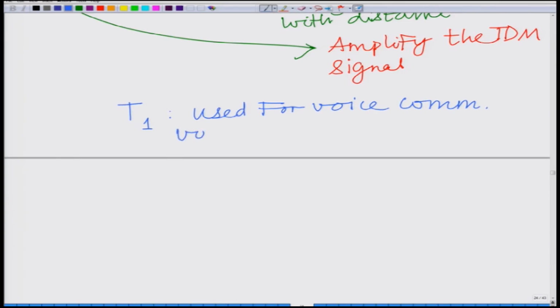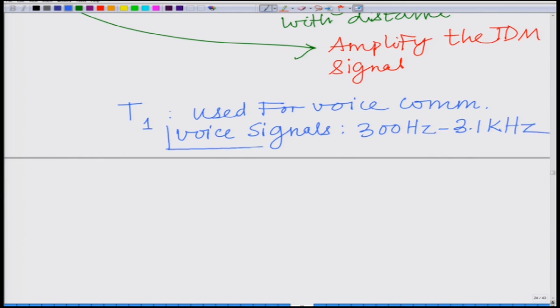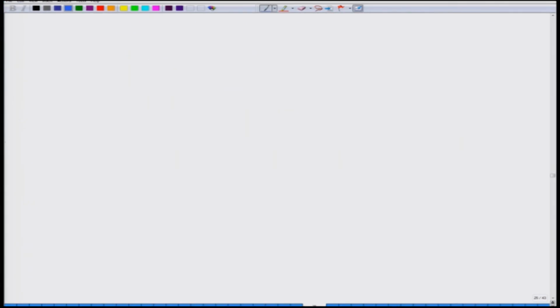And voice signals have a frequency range, the voice signal frequency band, of 300 hertz to 3.1 kilohertz. Okay. So, what you have is a voice spectrum that looks something like this.